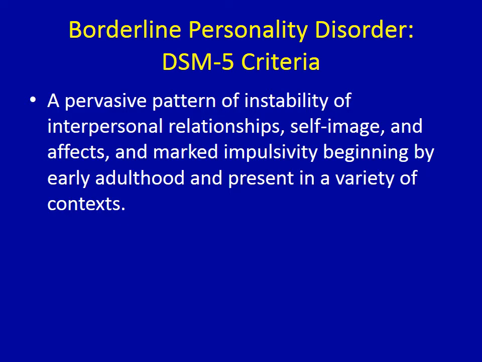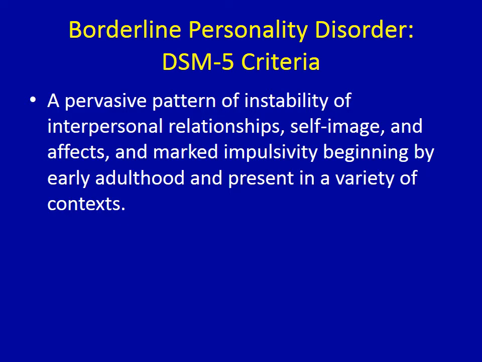So remember that this is one of our personality disorders, so by definition we know that this is affecting a range of domains, so cognition, affect, behavior, and interpersonal relationships, that it's present from early in development, and that it's stable across time and across contexts.